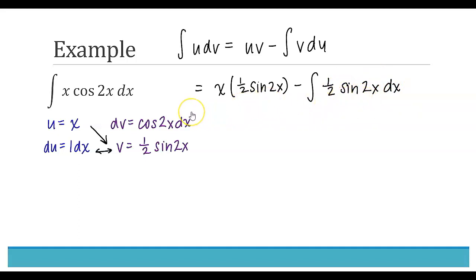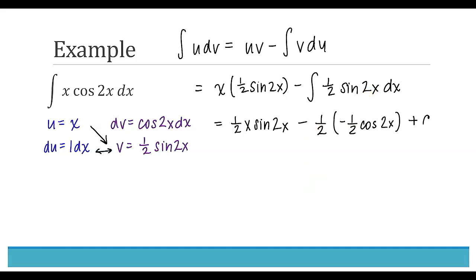So I'm going to go ahead and simplify the first part, or move the 1/2 to the front, times x times sine 2x, minus, so here the 1/2, the coefficient, is going to stay there in front, and the antiderivative of sine 2x is going to be negative 1/2 cosine 2x.